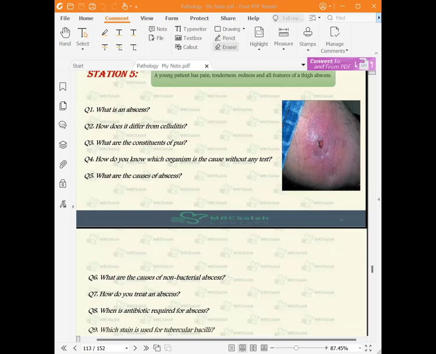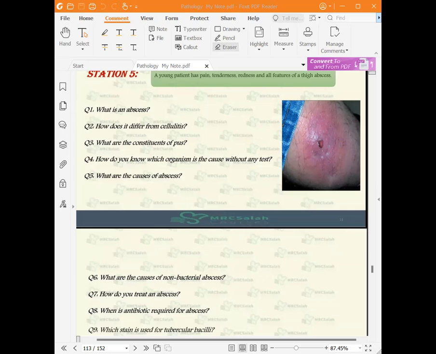The fluid part consists of exudate of water, immunoglobulins, clotting factors, complement, and cytokines.